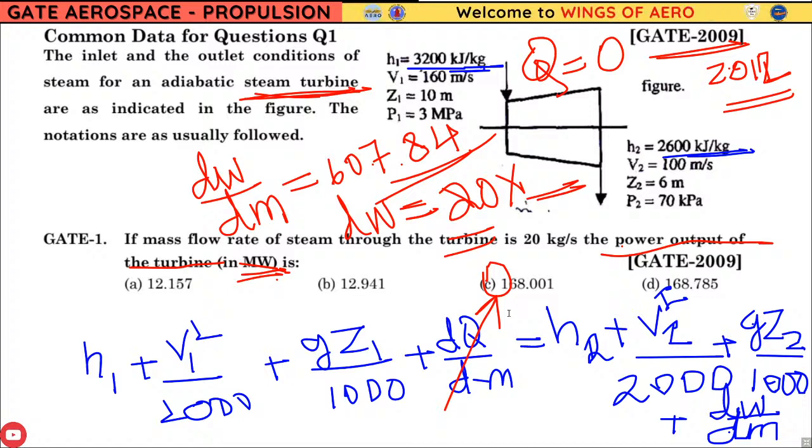Ma'am, it's 12156.22. The answer you're telling is in kilowatt, am I right? Yes, ma'am, kilowatt. What is the megawatt answer? What have they asked?